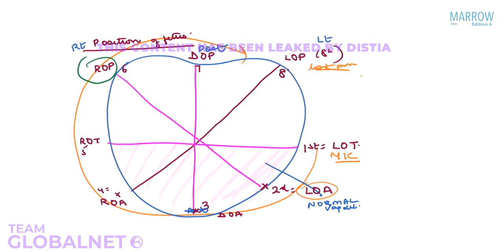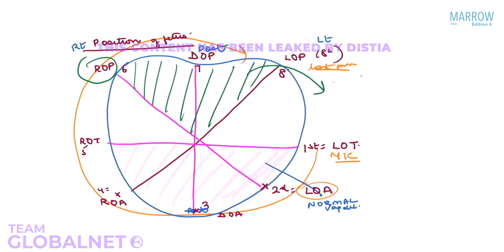But suppose you have done a vaginal delivery and the occiput was facing from position number 6 to position number 8. Then you will not say that I have done a normal vaginal delivery. You will say that I have done occipito-posterior delivery.